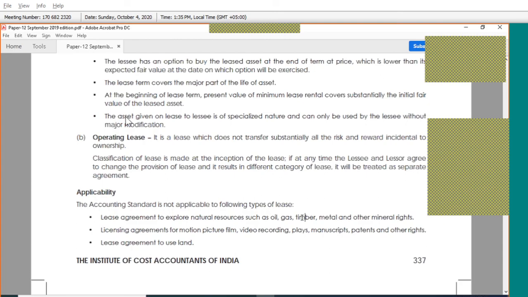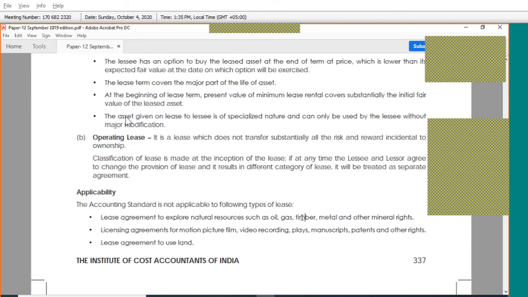Then scrap value. When the asset will be scrapped after the useful life of the asset, a guarantee is given by the lessee to the lessor that he will purchase it. The lessee will purchase this asset at scrap value.